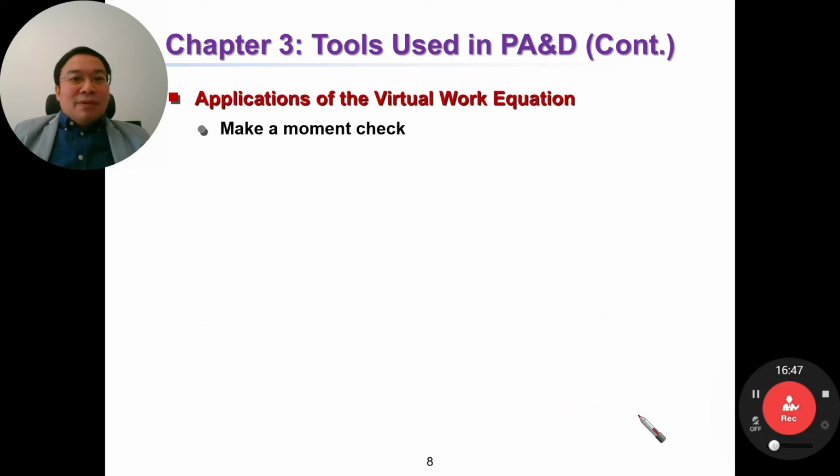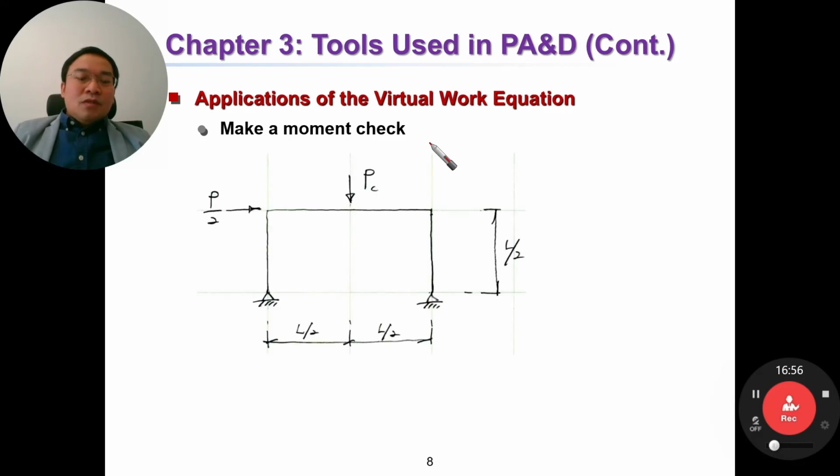Second is make moment check. Second application of the work is make moment check. Let's consider a photo frame like this. So the load P, C at the middle of the beam, and PC divided by 2, the half of PC, at the top of the column, the left column.